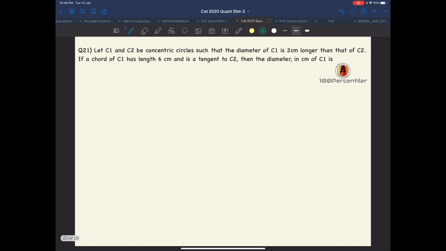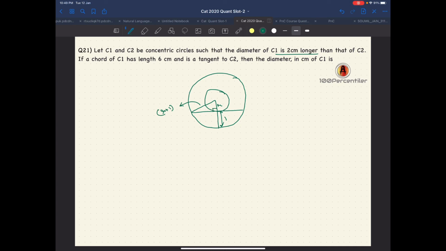Now, here we are given C1 and C2 are concentric circles where C1 has a diameter 2 cm longer than that of C2. Now, if diameter is 2 cm longer, then radius would be 1 cm longer. So, this is 1. Now, if the chord of C1 has a length of 6 and is tangent to C2, so the chord is something like this. Let's call this small r. This we already know as r plus 1.